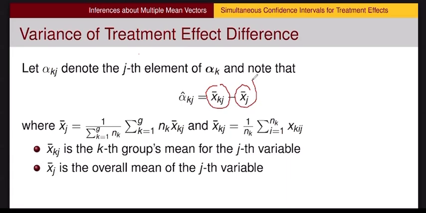When you subtract them, we are estimating a treatment effect. That is why in analysis of variance we normally want to test whether this treatment effect equals 0 or not. To be able to have that kind of test, we need the variance of this difference. That's why it is very crucial.